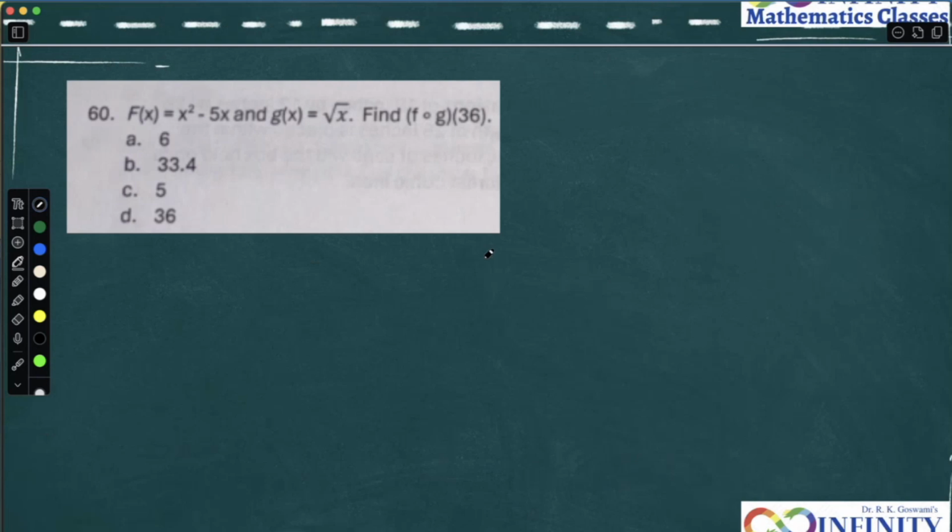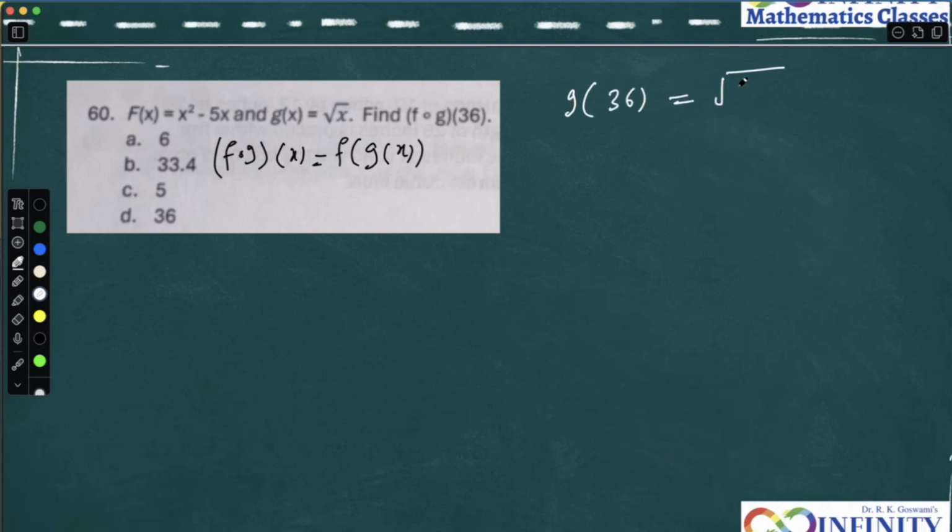Let me just tell you what is the meaning of fog basically. The meaning of fog is f of g of x. It does not mean you multiply. So first of all, solve g(36).